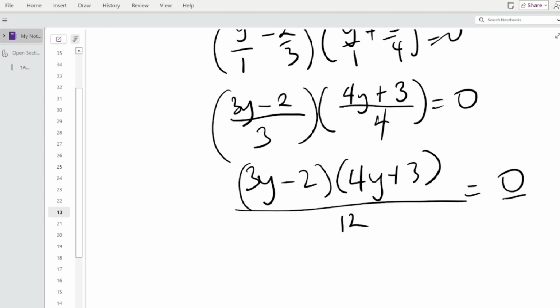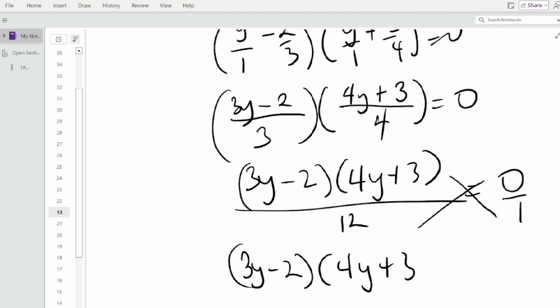You can at this point say 0 over 1, you cross multiply. So you know anything times 1 is that number. So you have 1 times 3y minus 2 close bracket, 4y plus 3 close bracket, to still give you 3y minus 2, 4y plus 3 equals, on this other side you have 12 times 0, that's 0.